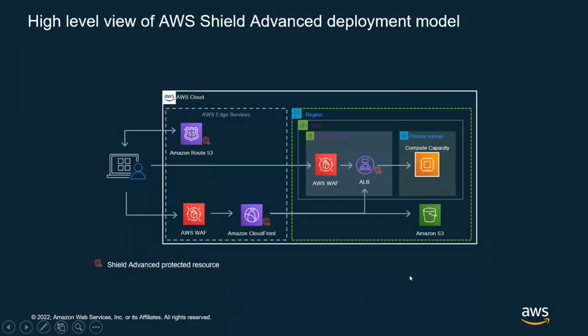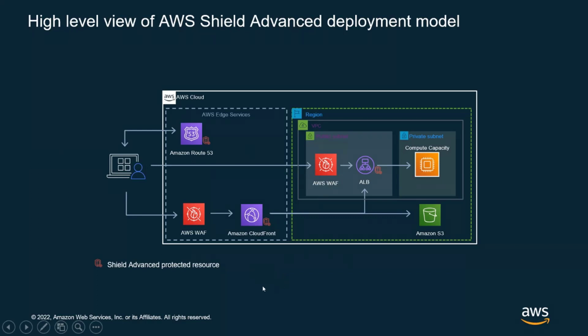There's a lot of flexibility. For some customers that have mission critical applications that need faster uptime and less latency, we do introduce our AGA service, which is our Global Accelerator, and Shield Advanced ties in to Global Accelerator.